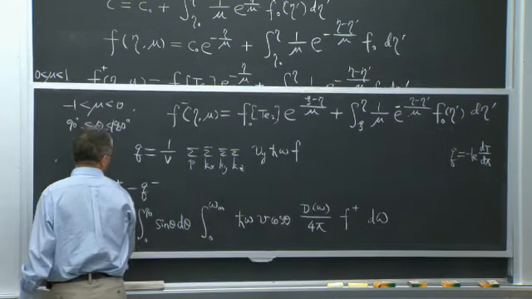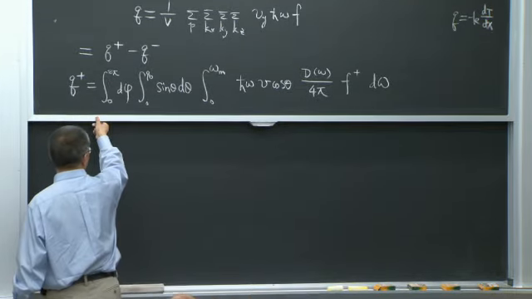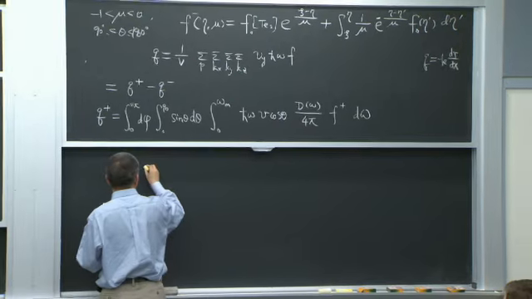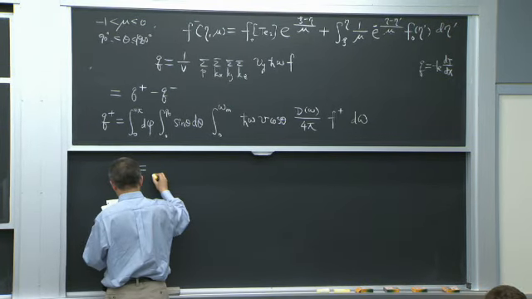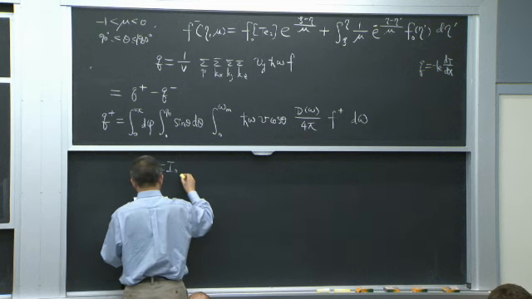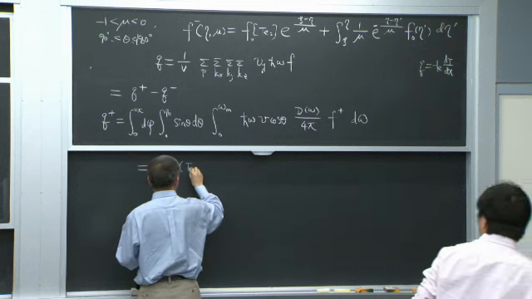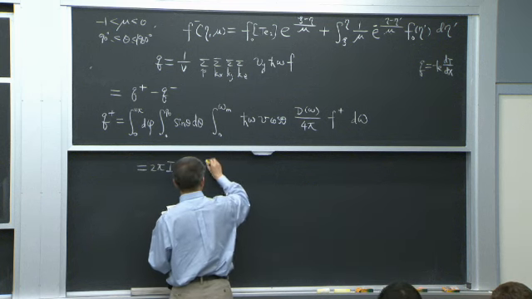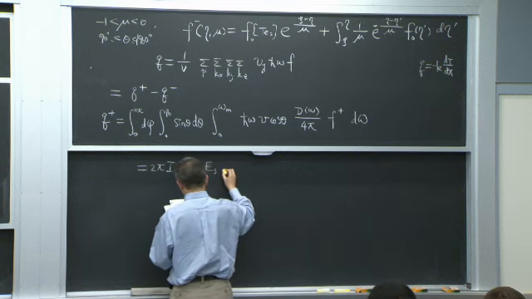And if you plug in your solution for F eta plus, we can write it into the final expression. What I have is 2 pi I0 T E1 plus, times E3.